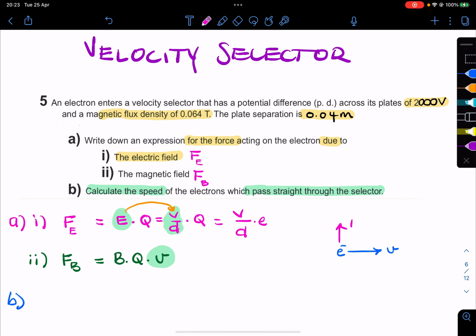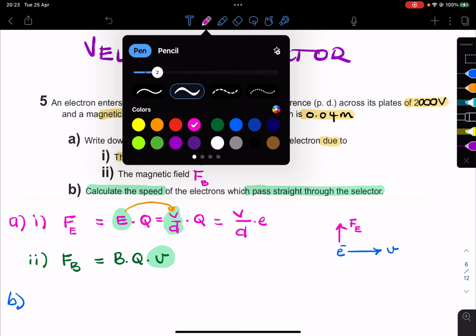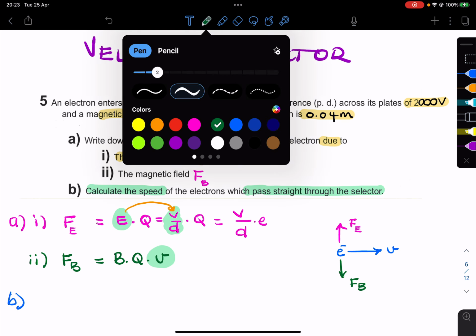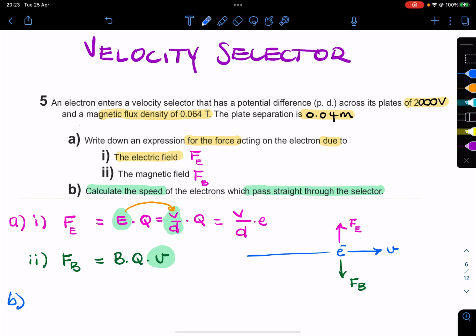There's a force due to the electric field, let's call it Fe, in one direction, and in the opposite direction there's another force due to the magnetic field. These two forces have to be the same for the electron to pass without any deviation. So this is your electron, traveling in this direction. This force has to equal this force, so this expression has to equal this expression.